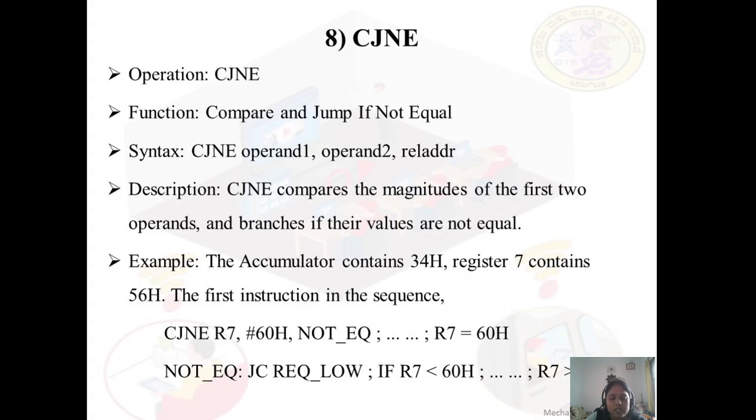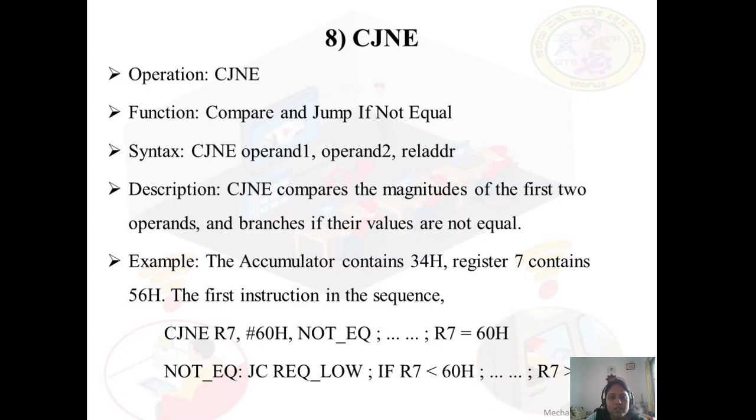Let us consider an example. Accumulator is having 34H and our register R7 is having 56H. Now the instruction is CJNE R7, #60H, not equal. It will compare R7 and 60H.